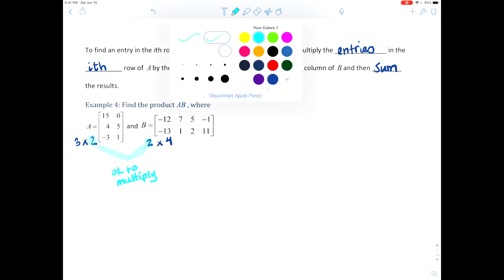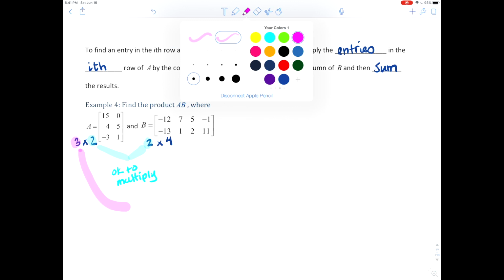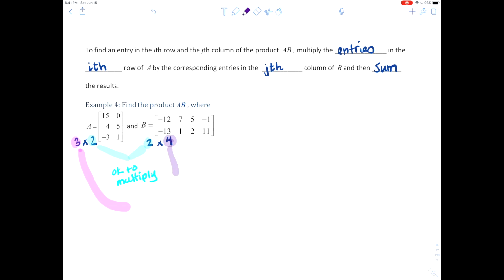Now, over here, the 3 here and the 4 here is going to give us the dimension of the matrix, which is the product.